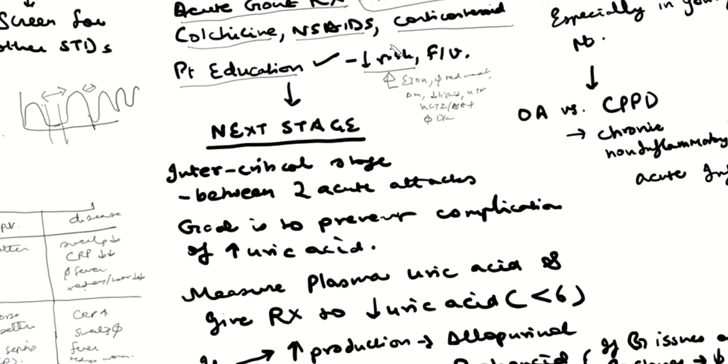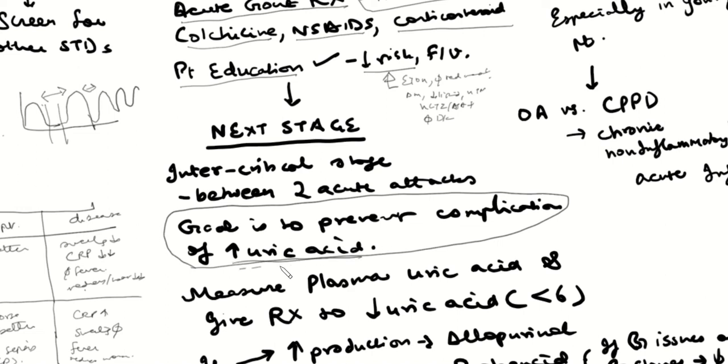So our goal with the follow-up is what? The goal is to prevent complications of increased uric acid. And if we manage this, the good news is they're not going to have attacks and they're not going to have end organ damage.